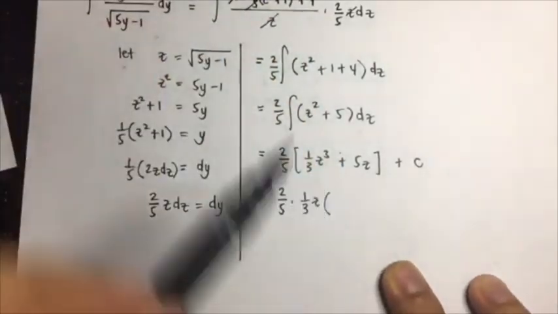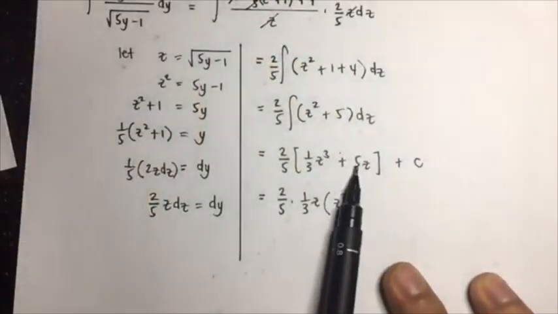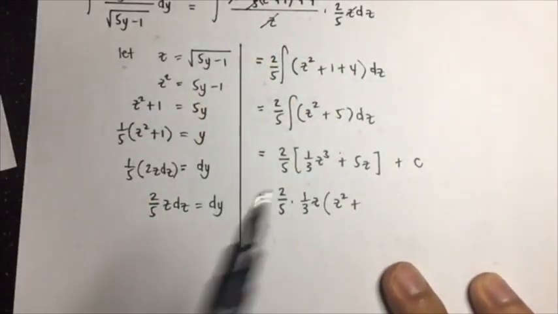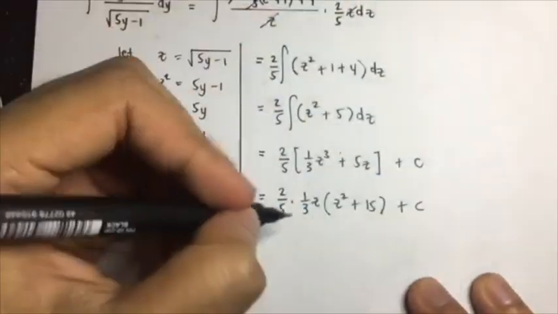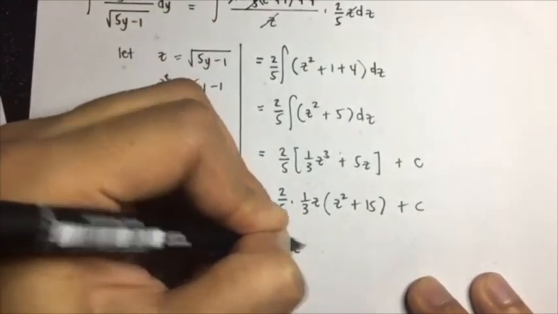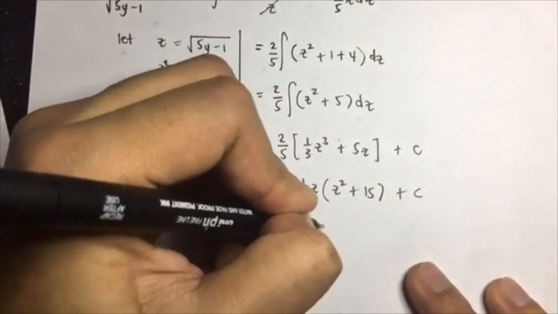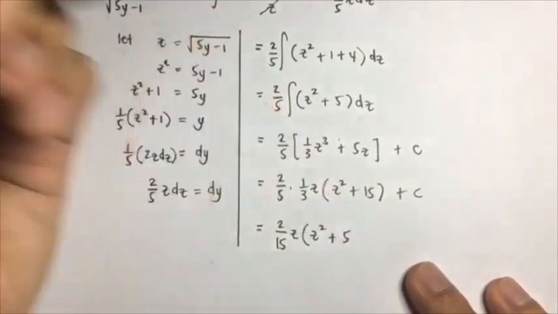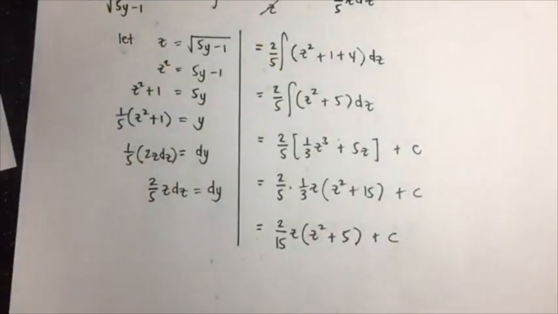What will remain inside is z squared plus 5z divided by 1/3 z, that is 15, plus c. So this will become 2/15 z times z squared plus 5, plus c.